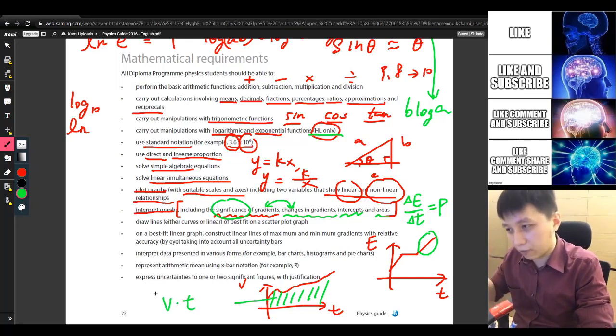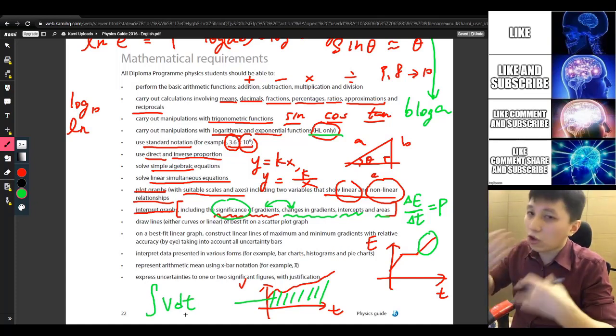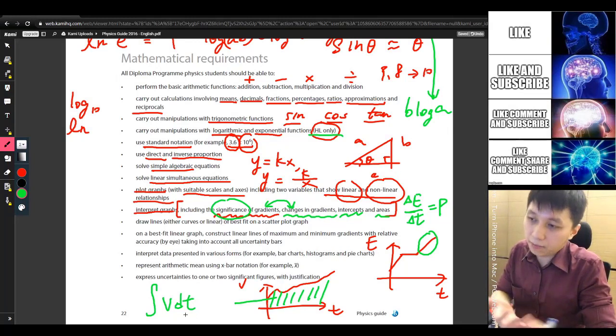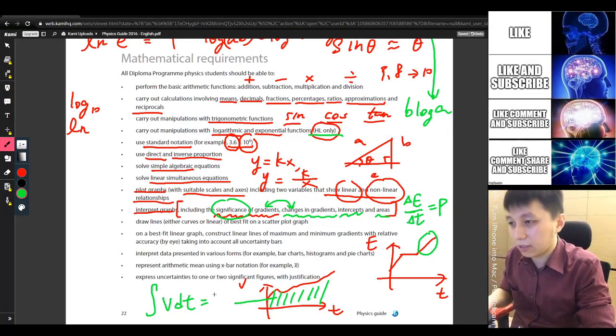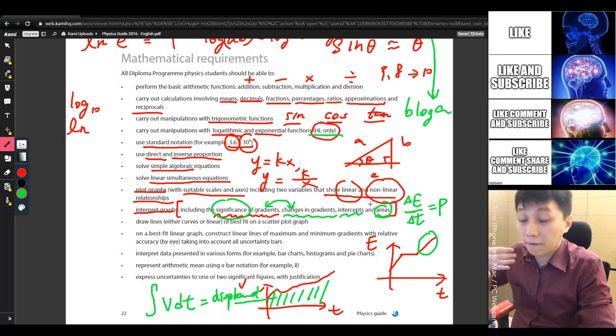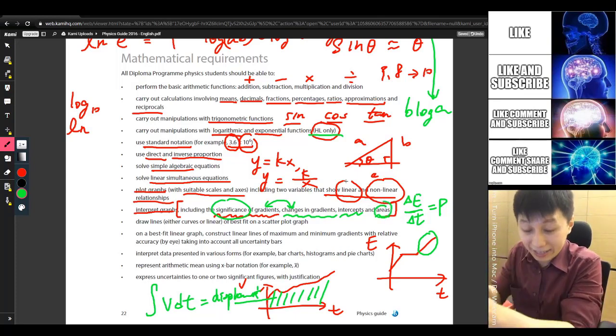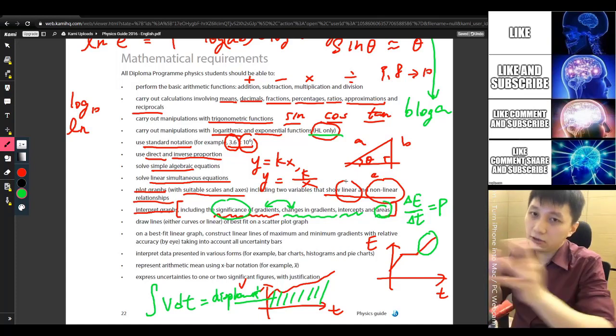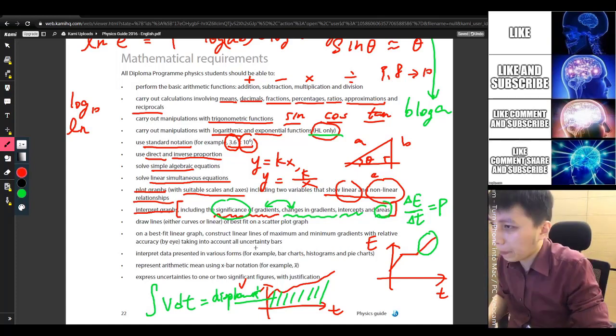But then of course it should be integrating it. So you're not required to know how to integrate, but you need to know the physical meaning of this. In this context it would be v times t, that means that will be displacement. Okay, so understand the mathematical idea first, and then connect that to the physical idea.